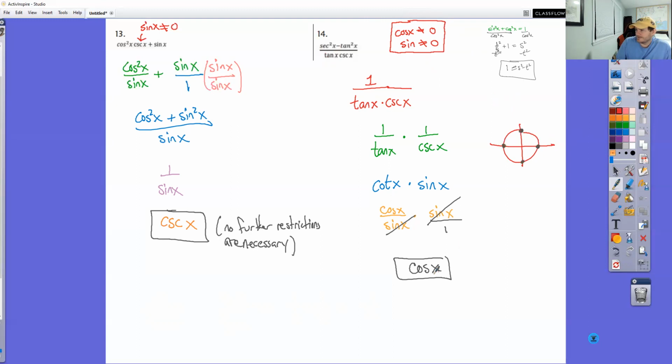So if we need to now list those as restrictions, x may not equal 0 plus not pi k, but pi over 2. Pi over 2 is what's going to push you to all 4 positions. So pi over 2 k, where k is an element of the set of integers. So there's your simplified function and your restrictions.